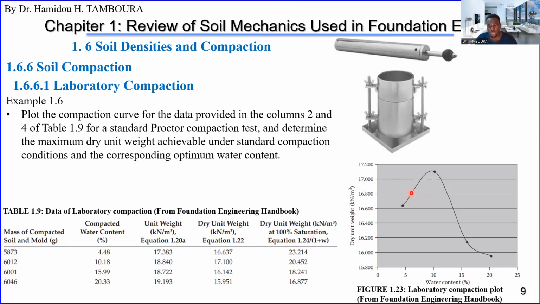So after plotting the curve, try to find the coordinate of this point, the summit, the maximum. The water content corresponding to this point will be the optimum water content.